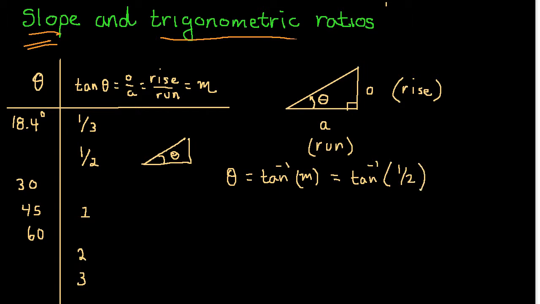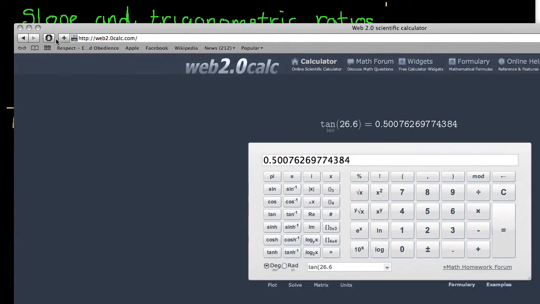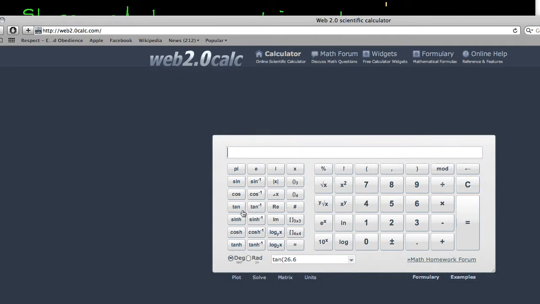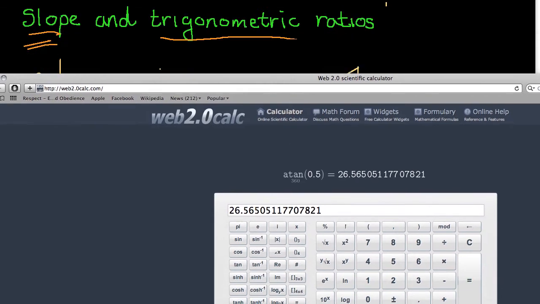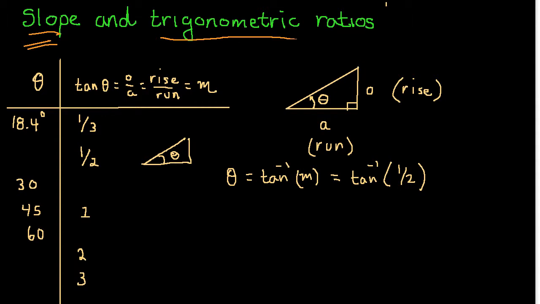Okay, so we'll just pull up the calculator, clear this, inverse tan, 0.5, because that's what 1/2 is. And that works out to 26.6 degrees. So we'll just fill that in our little chart here. So now we have 26.6 degrees. An increase in the angle has caused a steeper line, which has a higher slope.